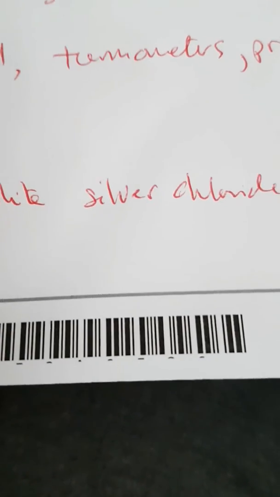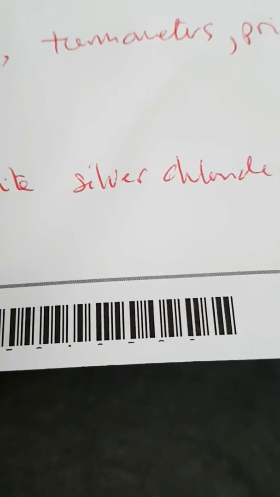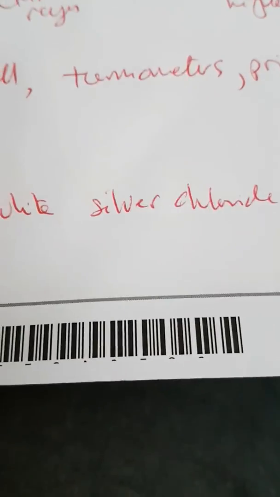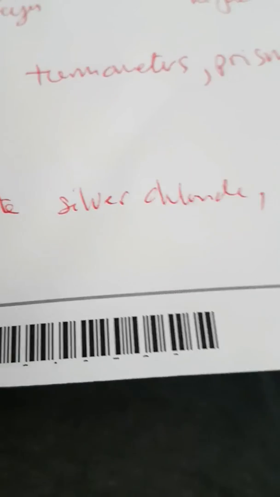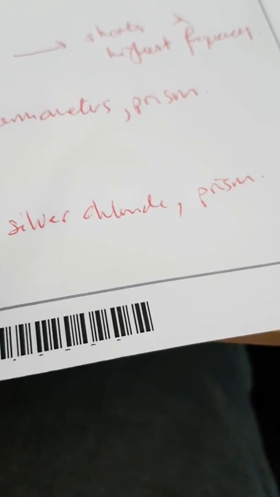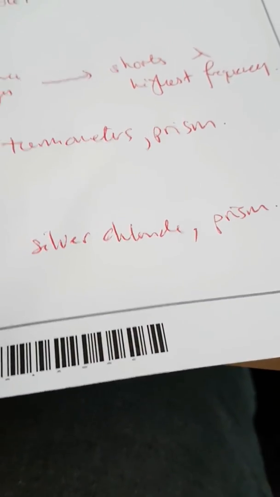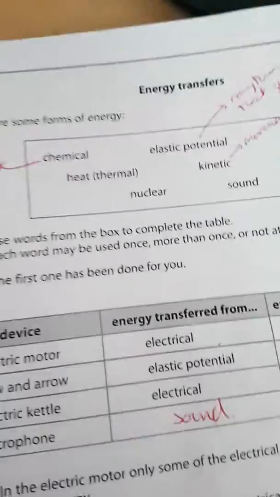Then he put it just past violet, and he saw that it went even quicker still. Therefore, he discovered ultraviolet. Okay, so I'm going to turn over to the other page now.